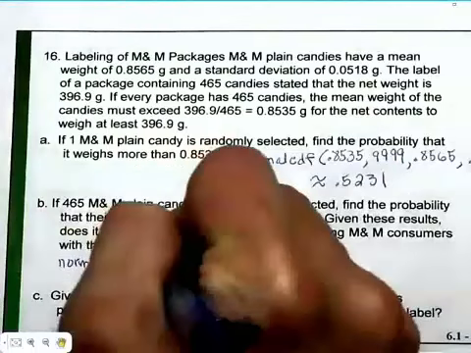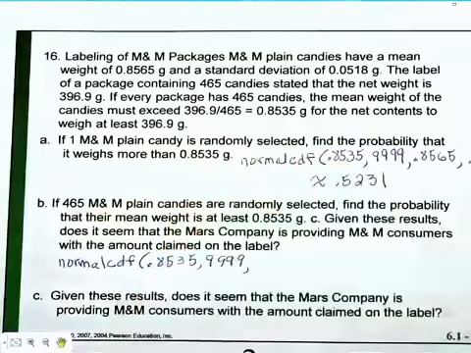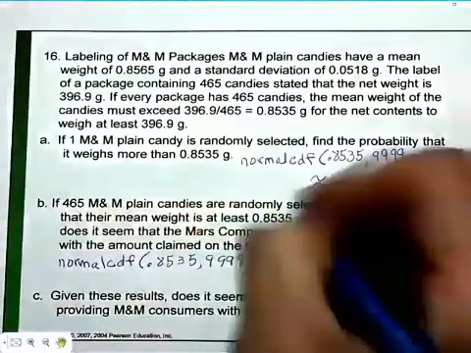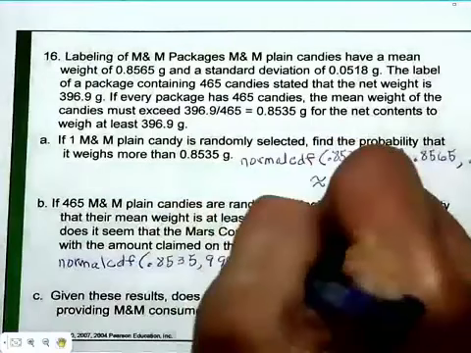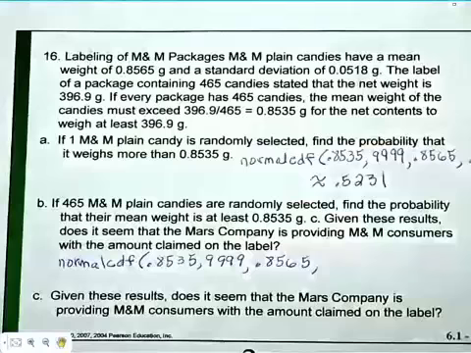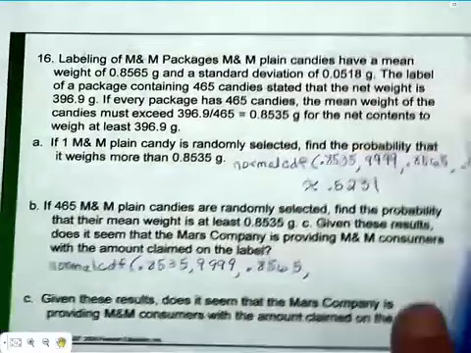From 0.8535 to 9,999. Given that the mean is 0.8565, but I'm not going to use the same 0.0518 for the standard deviation.